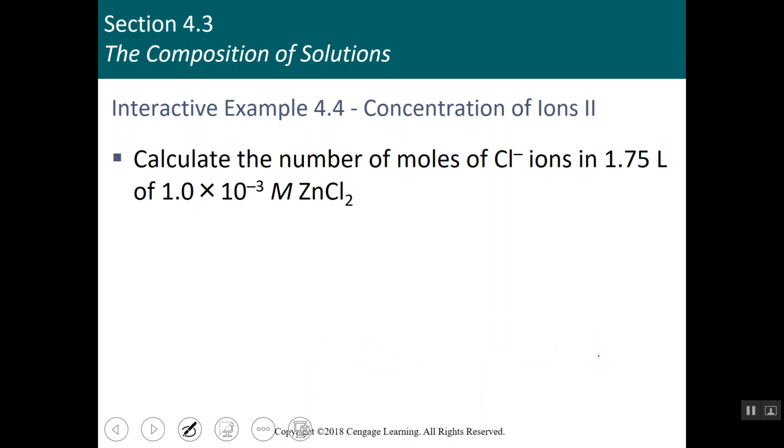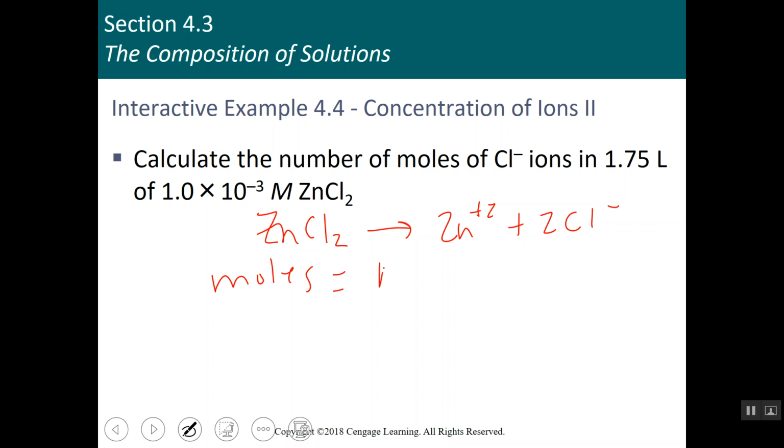Calculate the number of moles of chloride ions in 1.75 liters of 1 times 10 to the negative third molar zinc chloride. Just recall, zinc chloride, when it breaks down, is going to break down into 1 zinc plus 2 chloride ions. So keep that in mind. Moles is going to be equal to molarity times liters. Our molarity is 1 times 10 to the negative third.